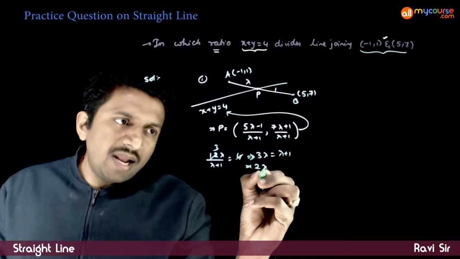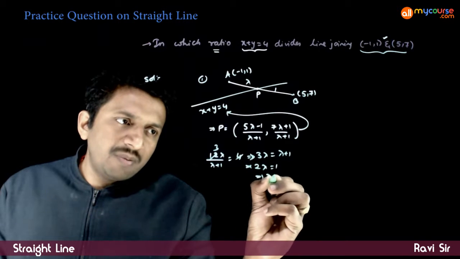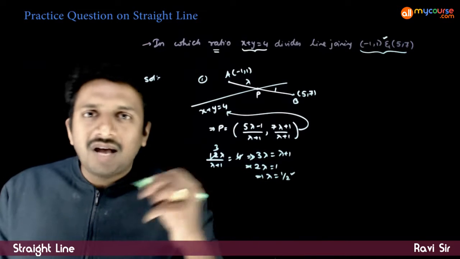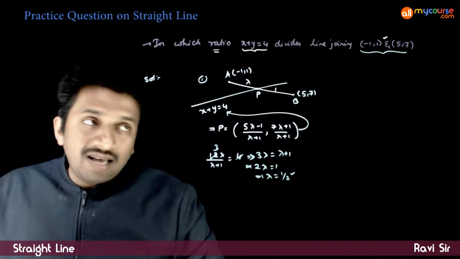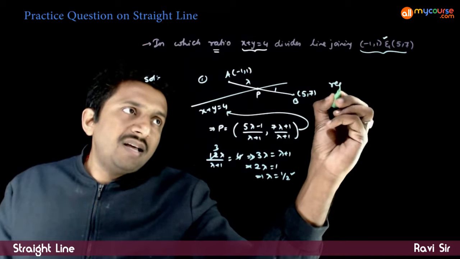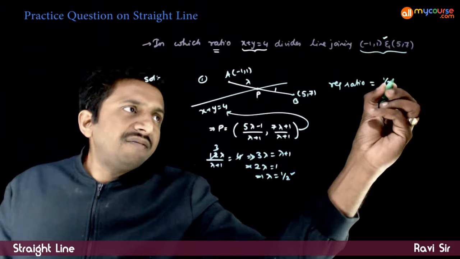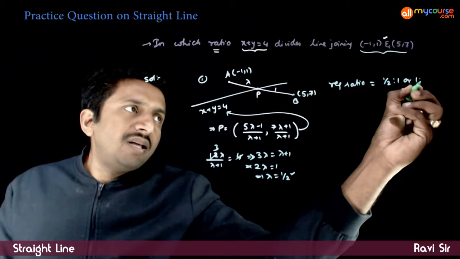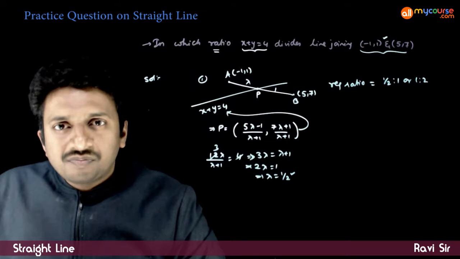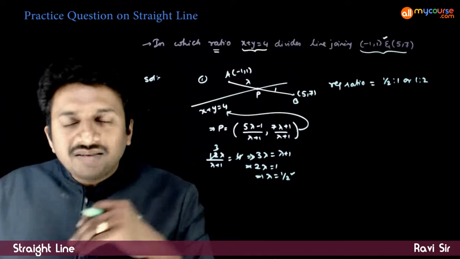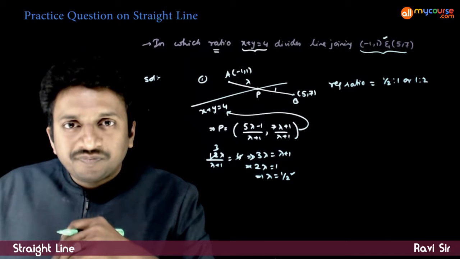This implies 2 lambda is equal to 1, which implies lambda is equal to half. Hence, the required ratio is half is to 1 or 1 is to 2. Half is to 1 is same as 1 is to 2.